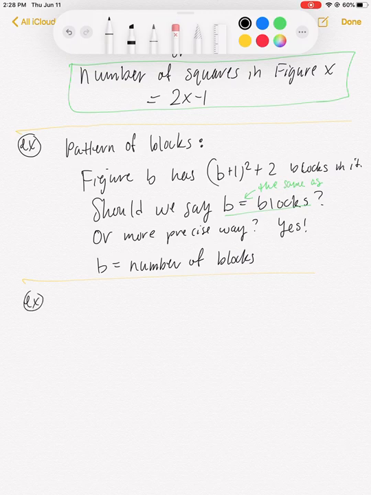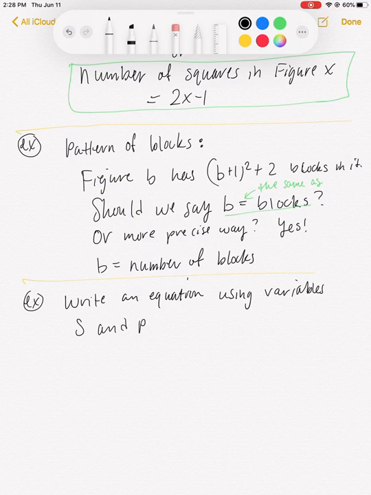We want to write an equation using the variables s and p for the following statement.